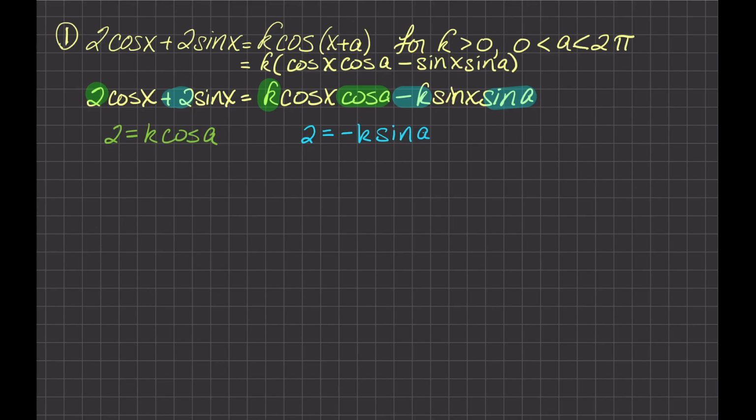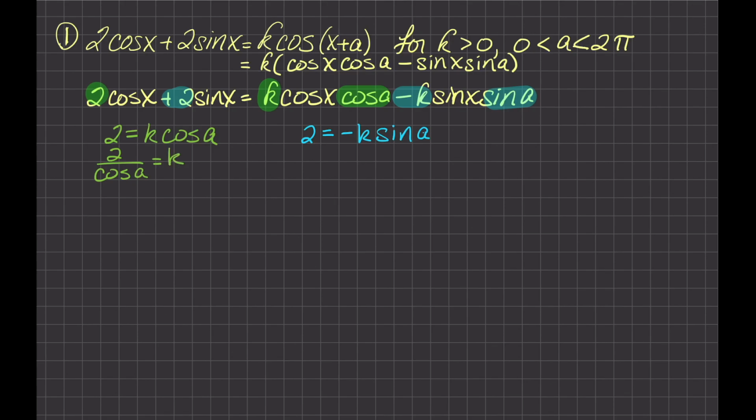So with our equation here of 2 is equal to negative k sine of A, and over here we have a cosine of A, let's do a substitution through our variable of k, because it's fairly easy to solve for. Working with our first equation, we have 2 over the cosine of A is equal to k.